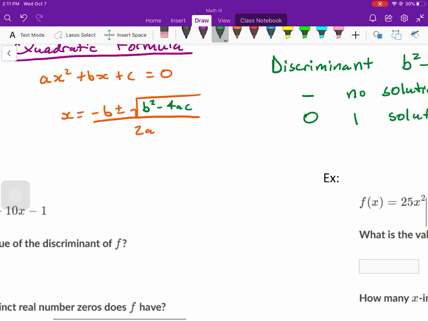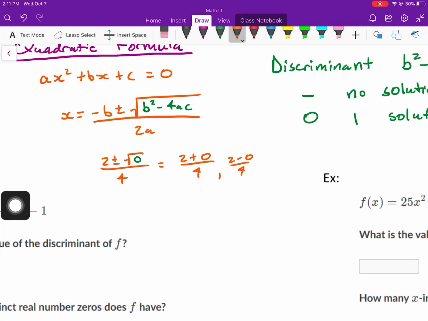Now, why is that? Well, because think about it. Let's just say we plug some numbers in and we get 2 plus or minus the square root of 0, over 4. Then you get 2 plus 0 over 4 and 2 minus 0 over 4. Those are your two solutions. Well, 2 plus 0 and 2 minus 0, aren't those the same exact number?